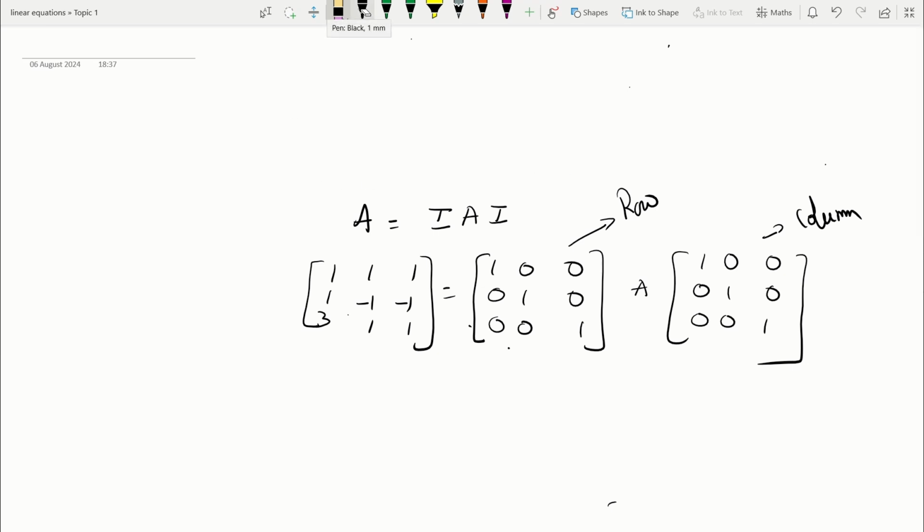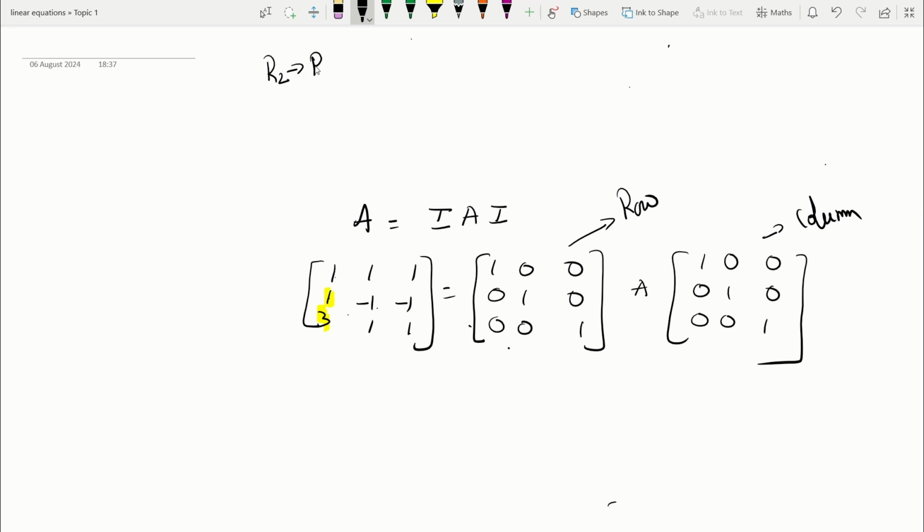Now our aim is to convert the matrix A into normal form. When we do the normal form, we have to apply both row and column operations.